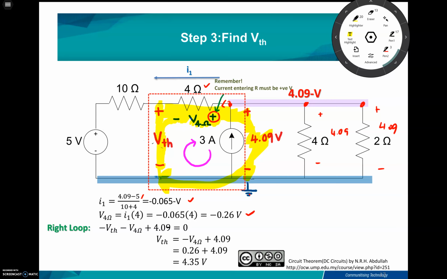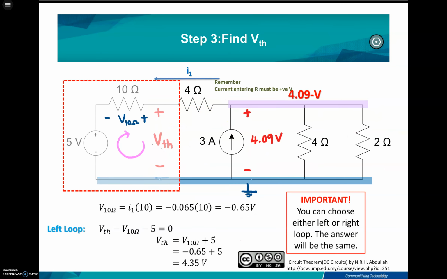From the KVL equation as stated here, you can find the Thevenin voltage as shown in this equation: minus V4ohm plus 4.09. It means minus 0.26 volt plus 4.09 is equal to 4.3 volt. This is the solution if you find the Thevenin voltage using the right loop.